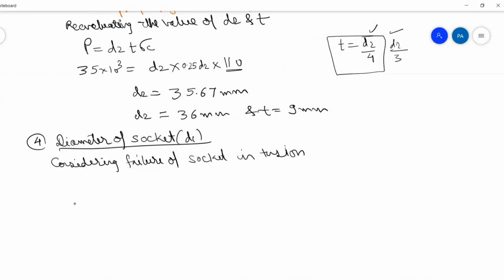Okay, now this is a calculation which will consume half of the time required for solving the entire sum. This is the cross-sectional area.